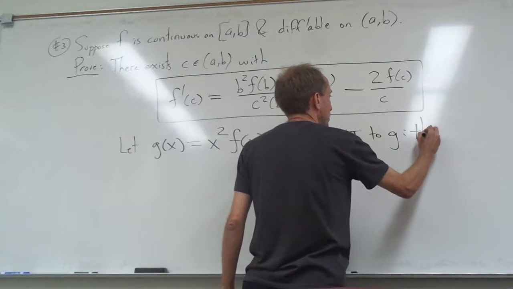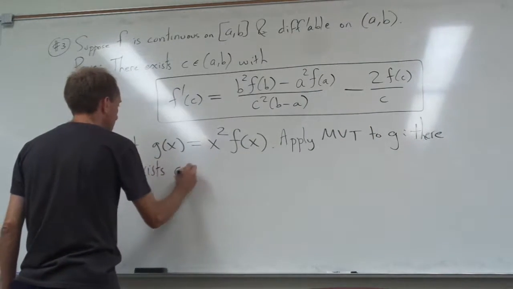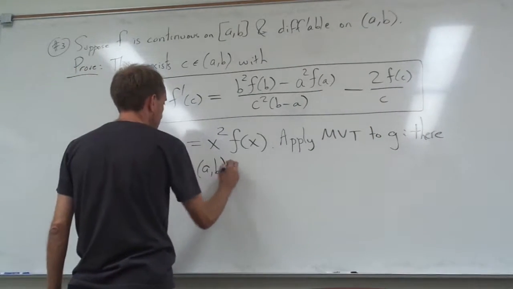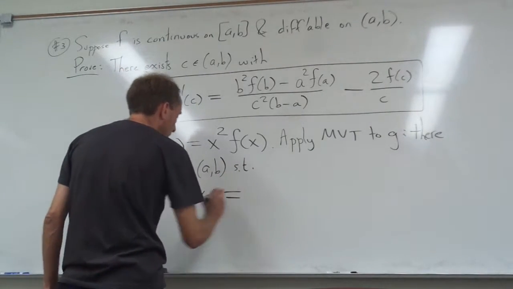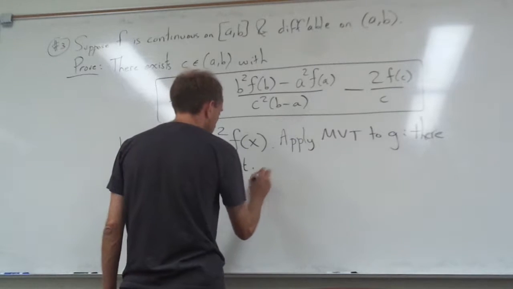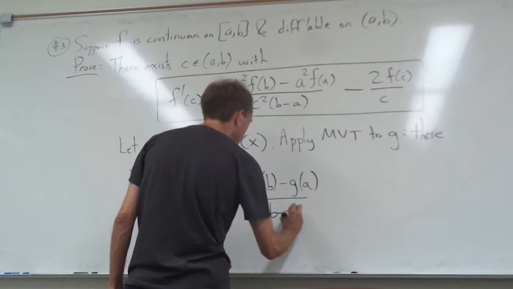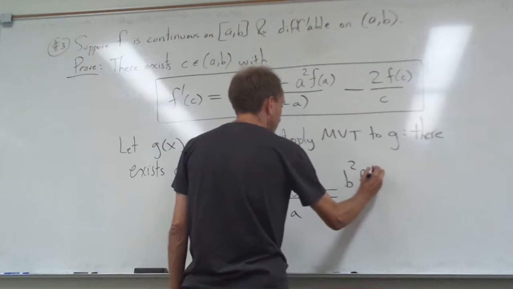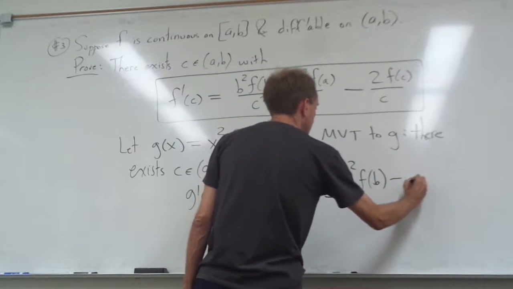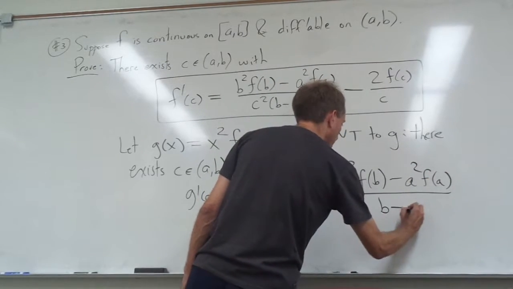What we would get then is that there exists a c in the open interval (a, b) such that g prime of c is equal to g of b minus g of a all over b minus a, which of course is just b squared f of b minus a squared f of a all over b minus a.